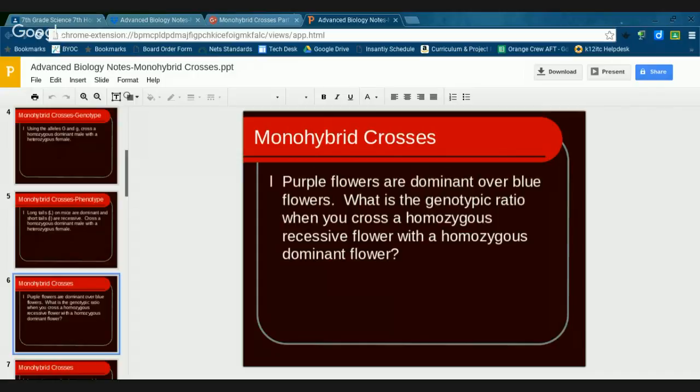All 4 of the offspring are going to be heterozygous, and none of the offspring will be homozygous recessive.